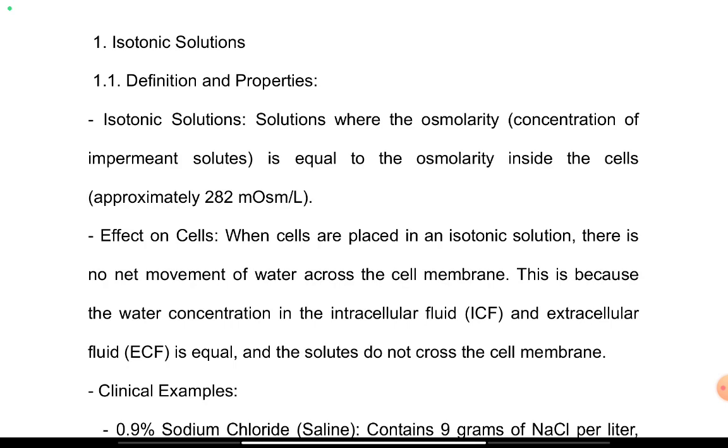But when you apply the correction factor from the van't Hoff formula, 0.93, when you multiply 309 by 0.93, you are going to get 286 milliosmol per liter, so the difference is not really significant. So we can still call them isotonic. In each chamber, there is isotonic solution and there won't be imbalance.